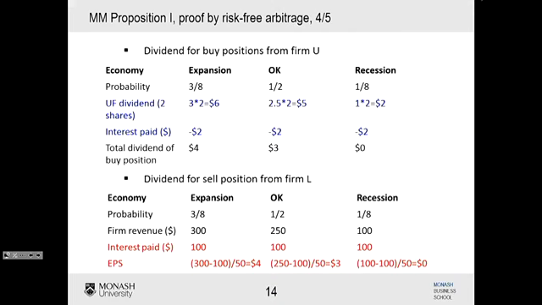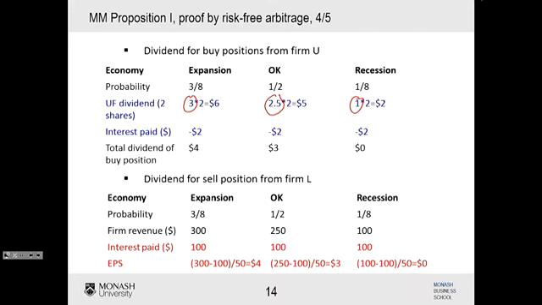For the unlevered firm, you see that $3 in expansion, $2.5, and $1 in recession are the same.